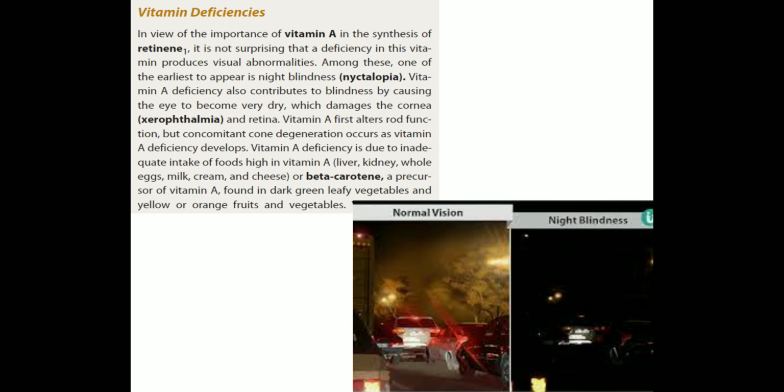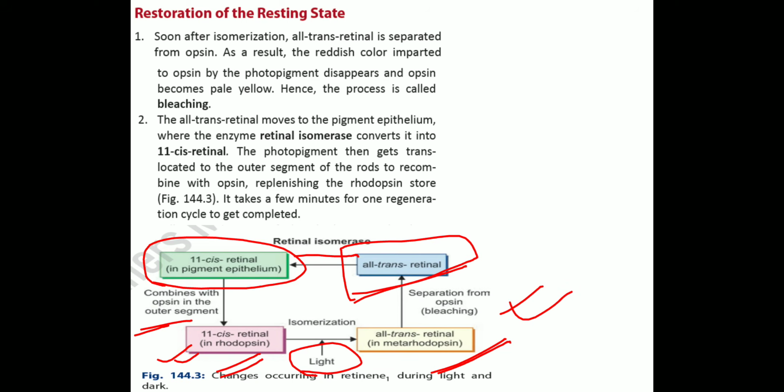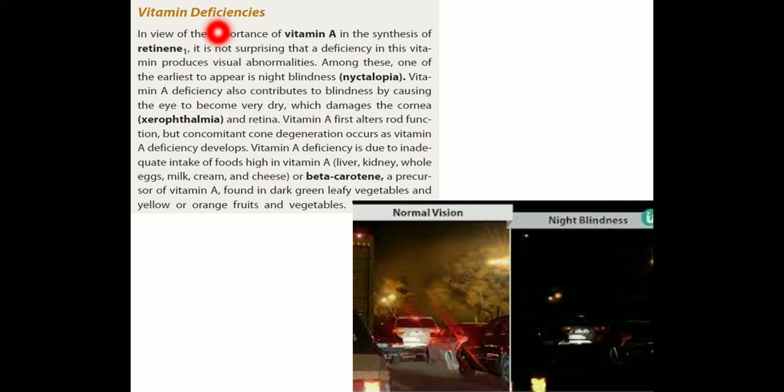Now we'll be discussing what occurs due to vitamin deficiencies. Here, when we are discussing rhodopsin, we are discussing the rods. If you have vitamin A deficiency, then, in view of the importance of vitamin A in the synthesis of retinal, if you are not taking enough vitamin A, it causes, sorry, not xerophthalmia, it causes nyctalopia.